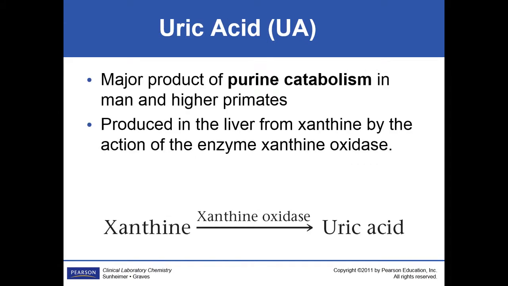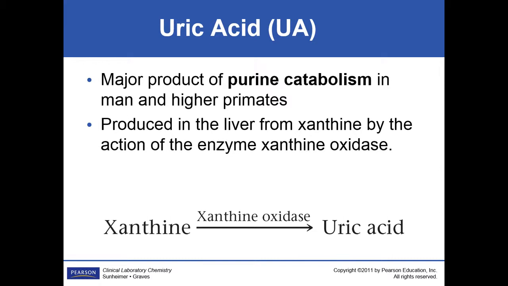Another product that we look at is uric acid. It is from the catabolism of purine. And I listed man and higher primates. We will occasionally work in a laboratory that utilizes specimens from veterinarians' offices. And if you happen to be one of those lucky ones, dogs do not have uric acid, so don't be surprised when they come up nothing.